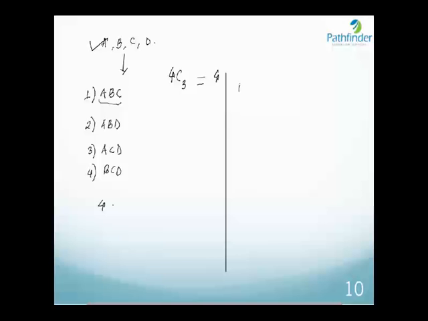So if I select group number 1, that is A, B, C, I would have had arrangement A, B, C, or A, C, B, or B, A, C, B, C, A, C, A, B, and C, B, A. So you notice that for every group I would have exactly 6 arrangements of 3 people. But in combination, we are not concerned with arrangements. We are only concerned with selection of groups of 3.